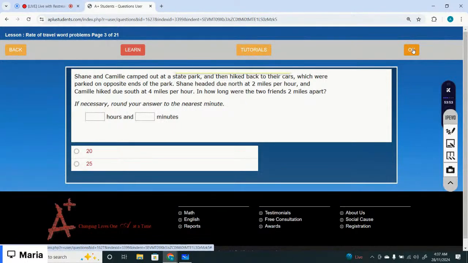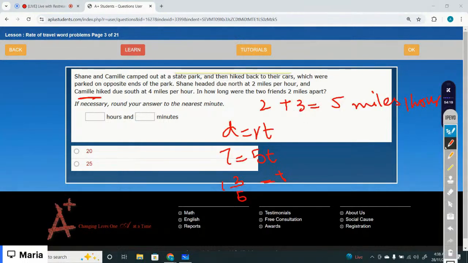Okay, the next one is: Shane and Camel camped out at a state park and then hiked back to their cars, which were parked on opposite ends of the park. Shane headed due north 2 miles and Camel hiked due south 4 miles. In how long were the two friends 2 miles apart? So that is D equals RT.